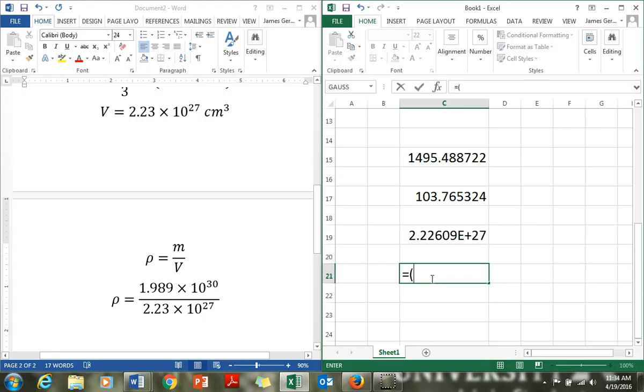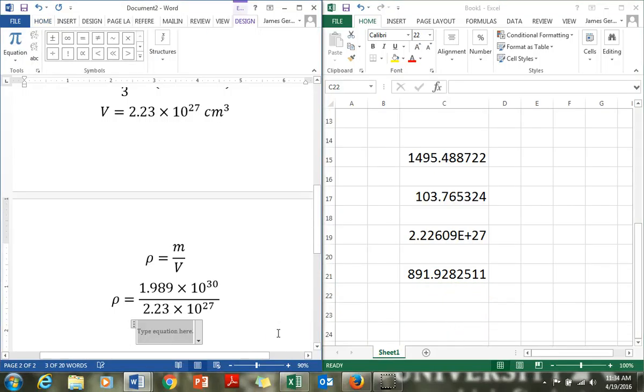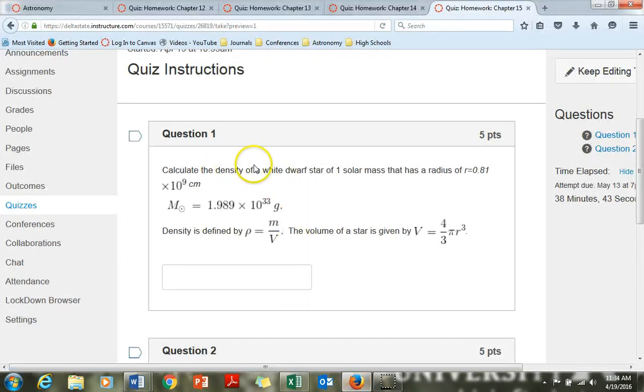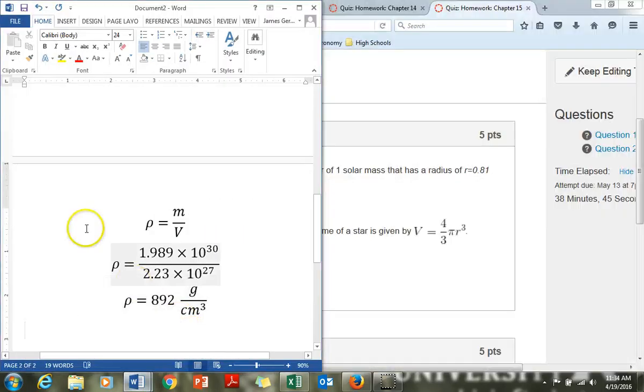So 1.989 E30 by 2.23 E27 gives 891.9, or 892. Right? Same as one of the problems we did before. Should be pretty straightforward.